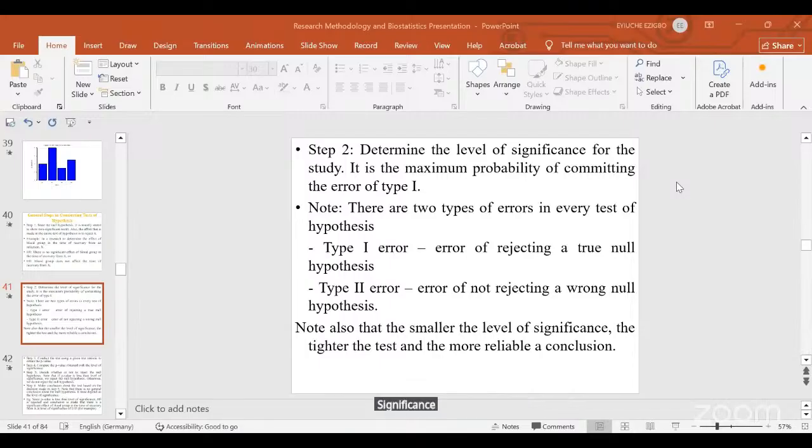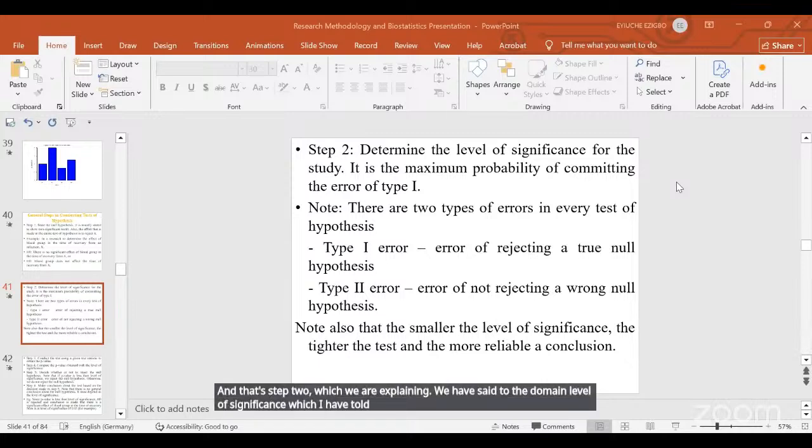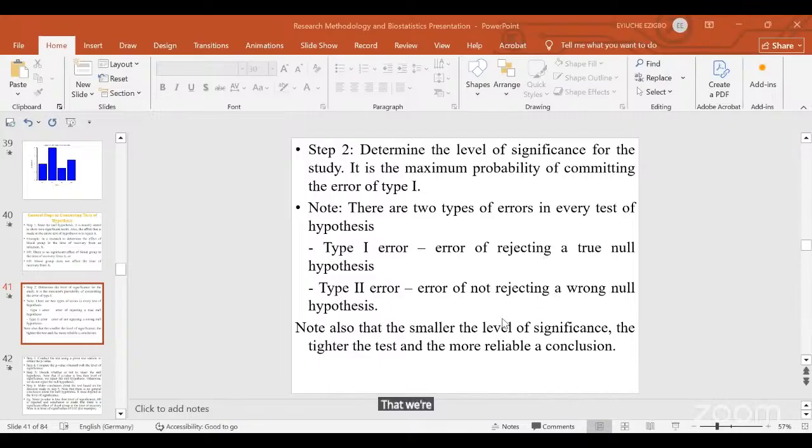So, in that step 2, which we are explaining, we have said it is to determine the level of significance, which I have told us is the maximum probability of committing type 1 error. There are 2 types of errors that we commit in terms of hypothesis. They are called error of type 1 and error of type 2.